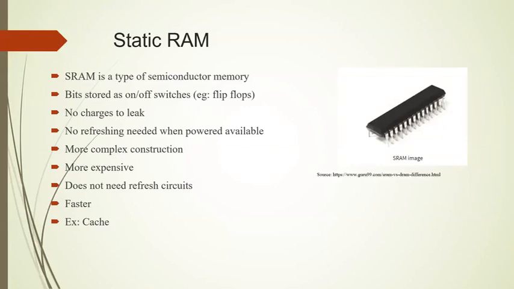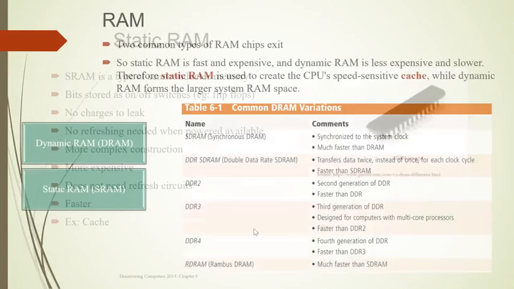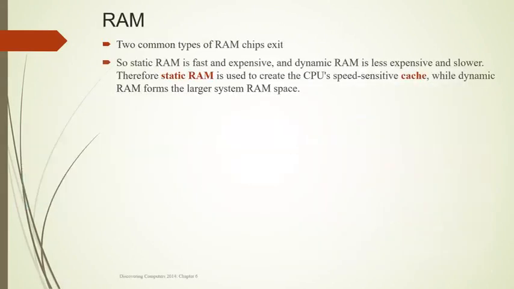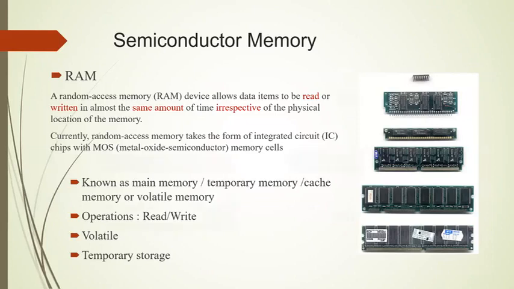Okay, so static RAM here. Let's go back again to the previous slides. Here we have two types. We talk about the RAM, random access memory. Random access memory is what? Random access memory is volatile.